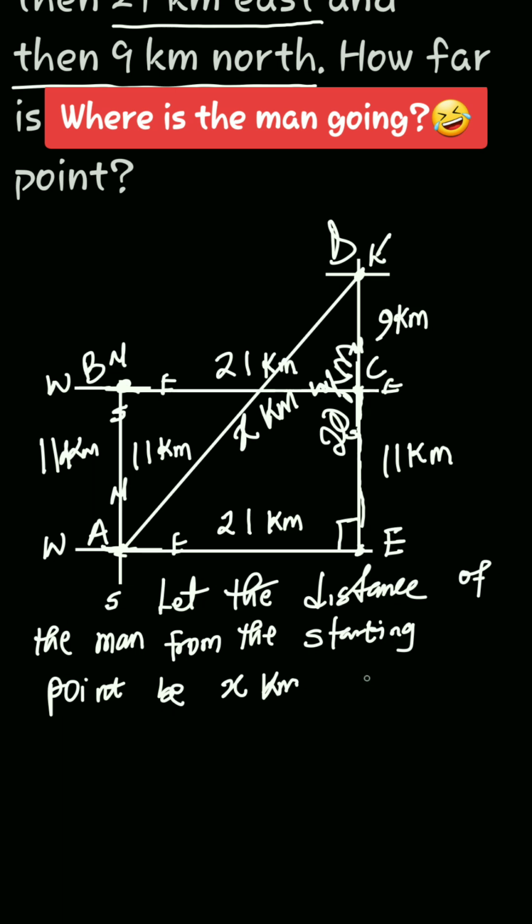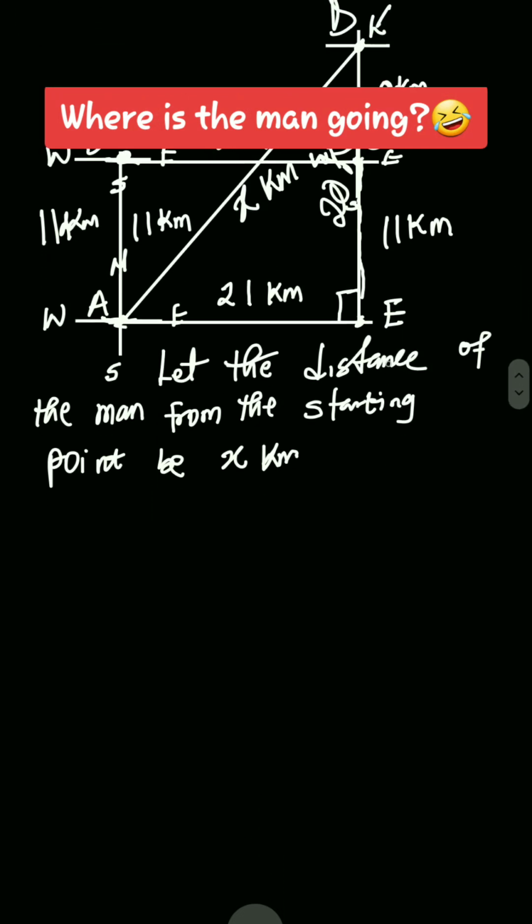So I want to extract that right-angled triangle out of the diagram. I have this line, which is my DE. I have this, which is my AE.